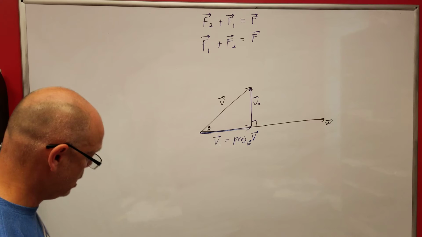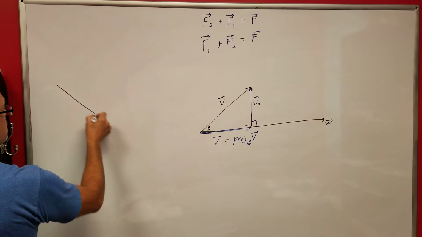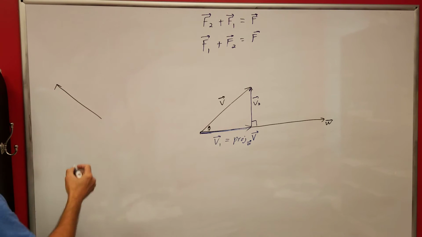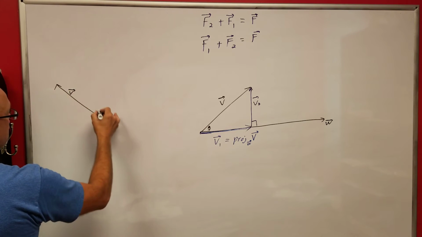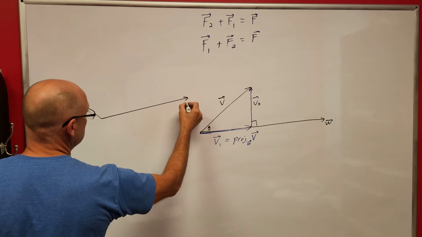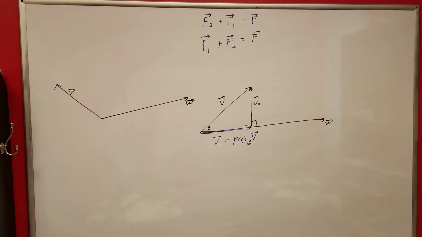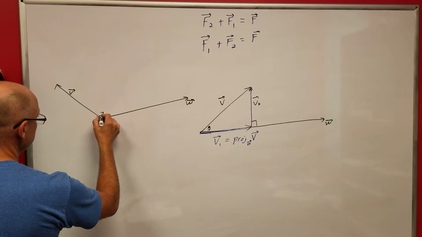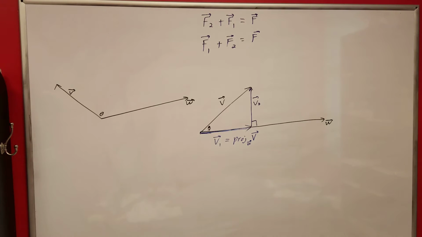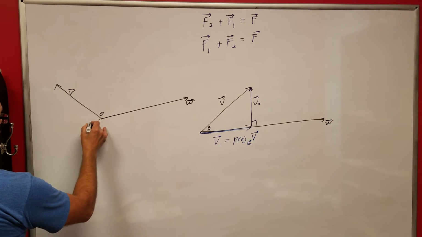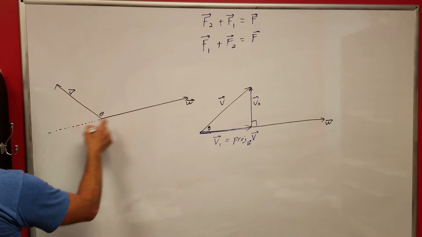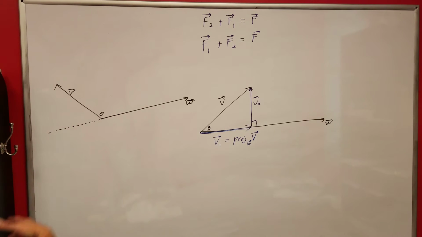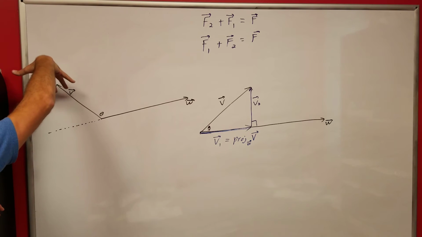Let's draw that picture. Suppose we have a vector, let's say v right here, and this is a vector w like that, and this time my angle theta is in here. Now let's take a look at the projection. Whenever I look at a projection, I think of the sun shining down.